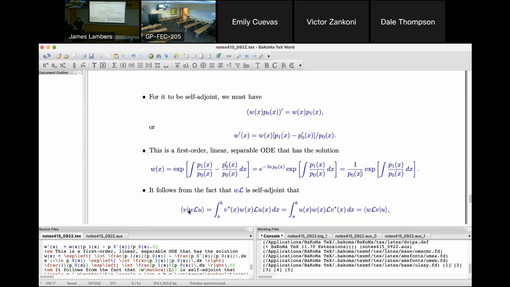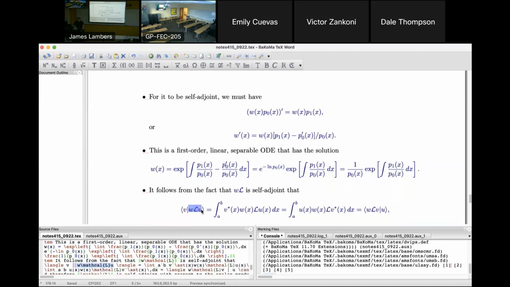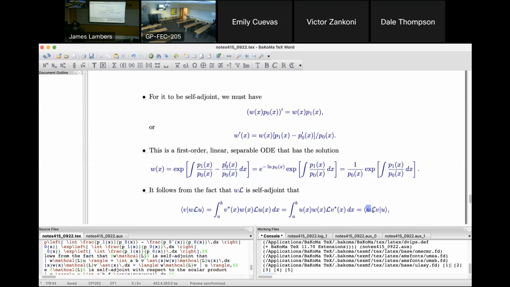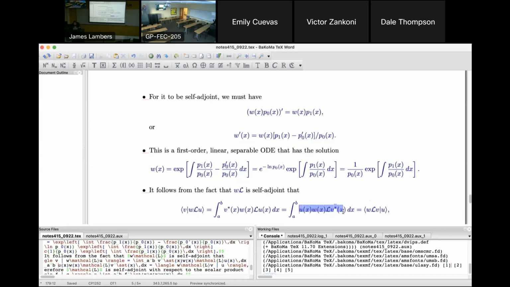So you have v with my new operator applied to u, and that would be this scalar product, this integral. But then that would be the same as taking the scalar product of wL applied to v with u. So it would also be equal to this.